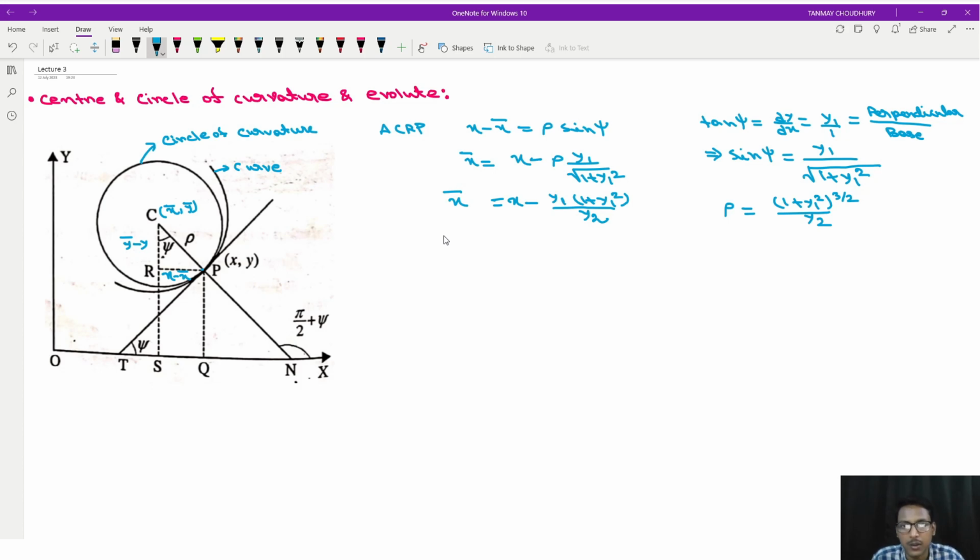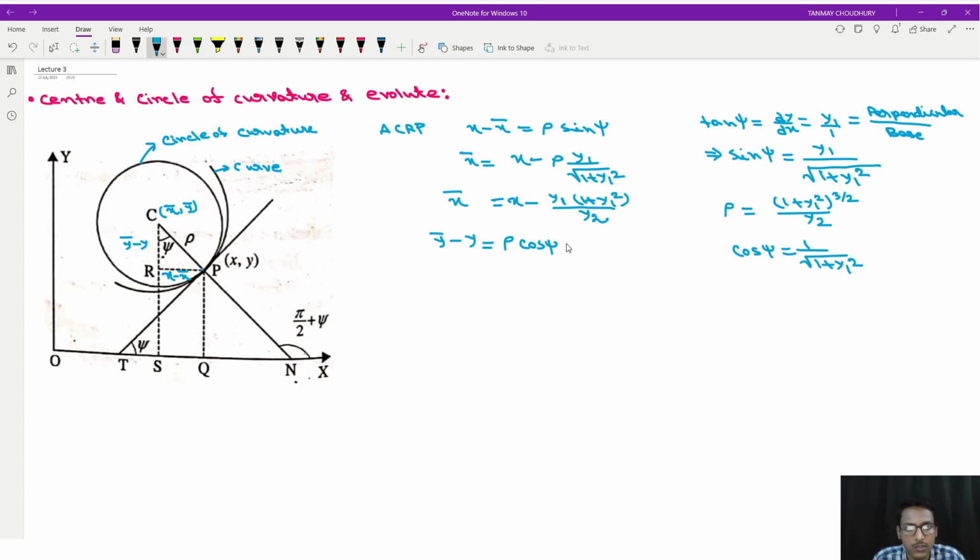Similarly, from the triangle CRP, y bar minus y is rho cos psi, and by a similar concept cos psi is 1 by root over 1 plus y dash square.